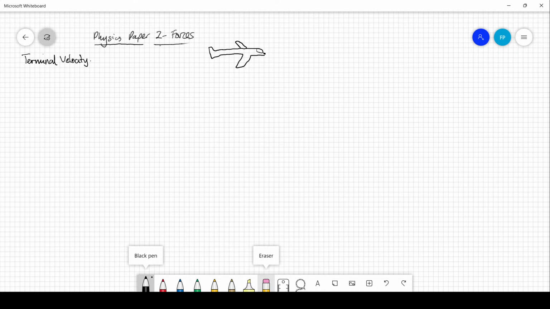Now, if someone were to jump out of this plane, how could you describe their motion? So when they first jump out the plane, if we label the forces, they've got their weight pulling them down. And at this point, acceleration is at its highest.